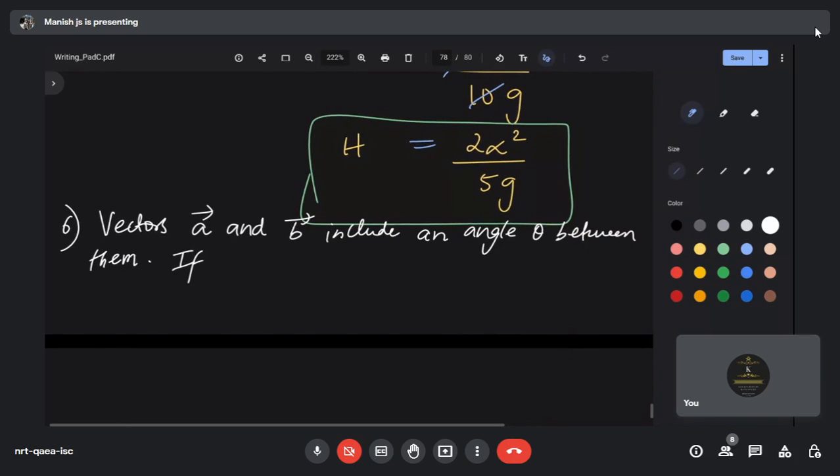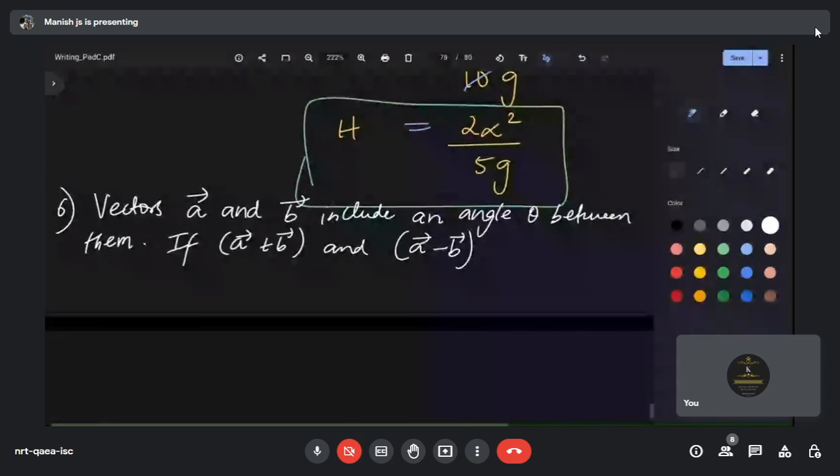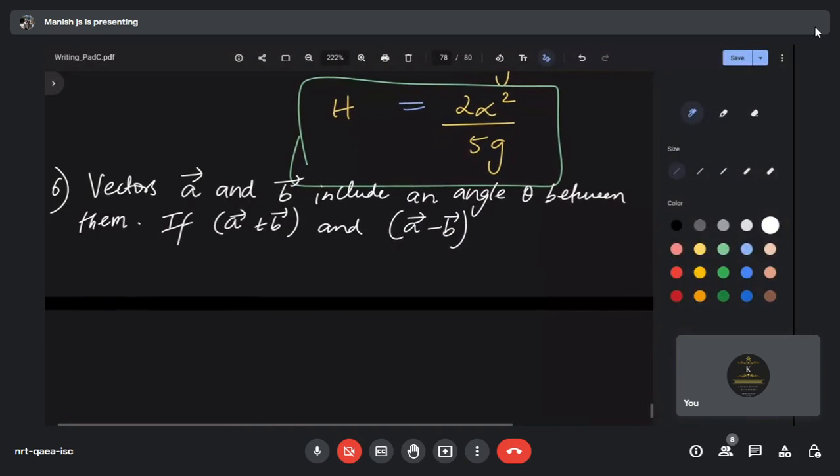If a bar plus b bar and a bar minus b bar... here they have given the sum of both vectors and the difference of both vectors respectively.